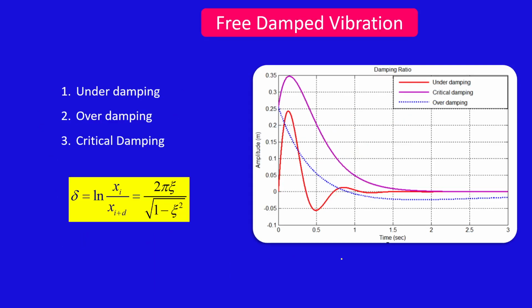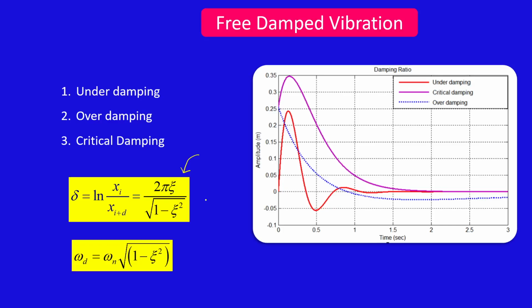Logarithmic decrement: another important formula, ln of x1 by x2, equal to 2 pi eta divided by square root of 1 minus eta squared. This is the only formula you have to remember in vibration. Again, logarithmic decrement depends on eta. Once you know eta, you can easily find all the other parameters.